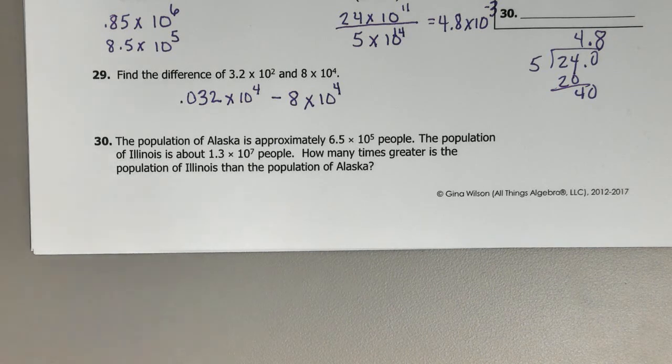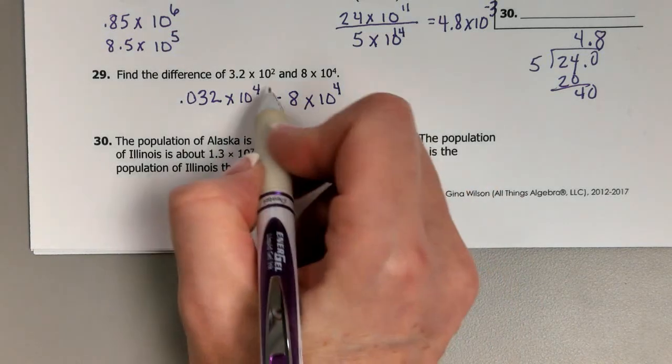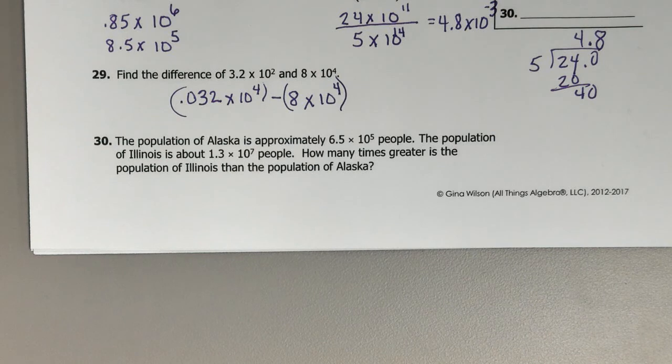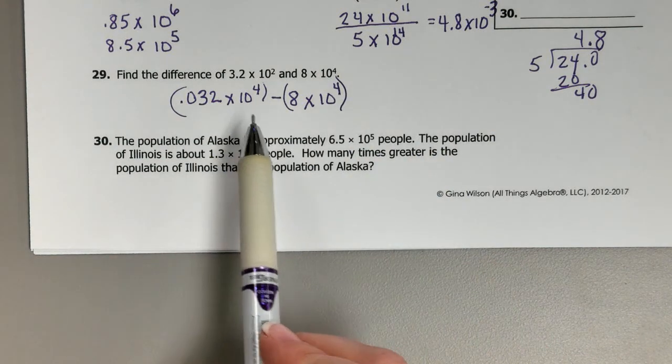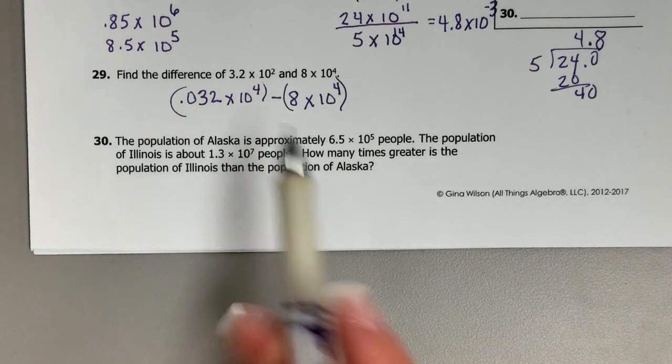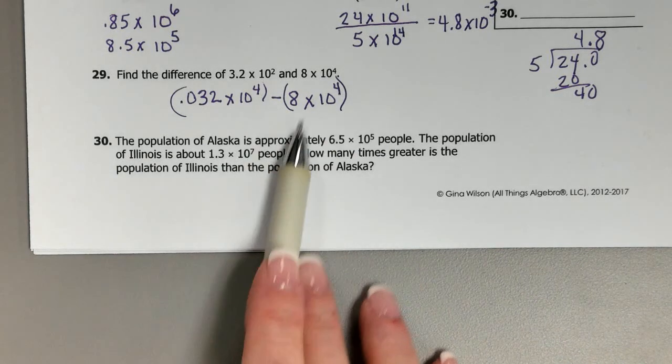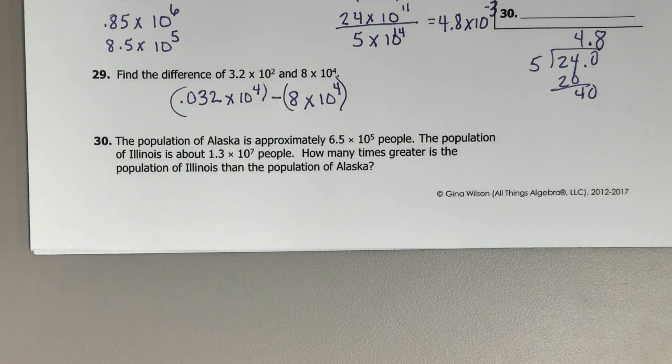Okay? And technically, if I was going to put this in on the calculator, we're not, but if I was, when it's written like this, those parentheses matter. Because if not, your calculator takes it as you enter it, and it can get you messed up depending on how you enter it. So just be careful with that.